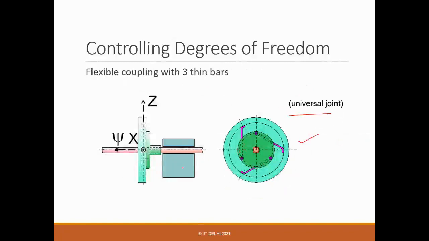So you take a disc, one disc here, the green one, and another disc, right? And then you connect them through the bars. You see here, you connect them through this. But what you have to ensure is they should not pass through the center, right?